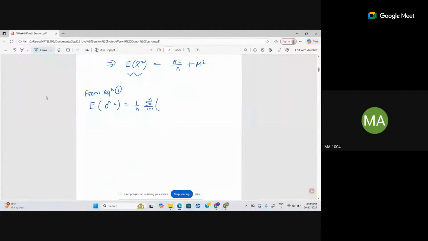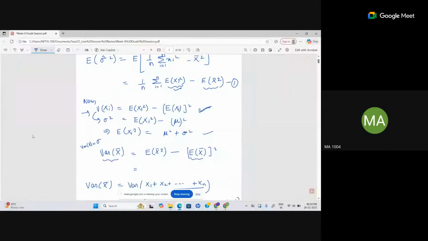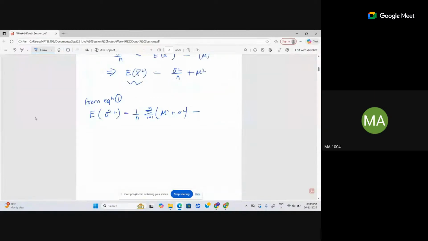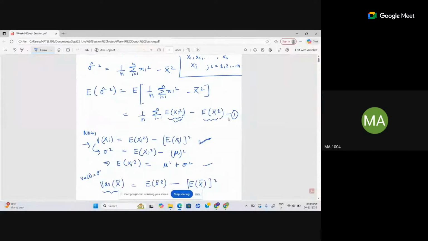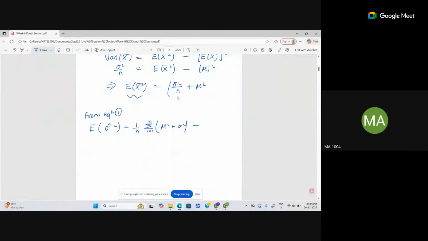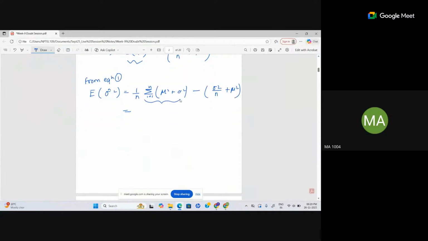What is the value of expectation of xi square? This is mu square plus sigma square. And then minus expectation of x bar square, whose value is equal to sigma square by n plus mu square. Now, what will be the value of this term, summation of mu square plus sigma square?